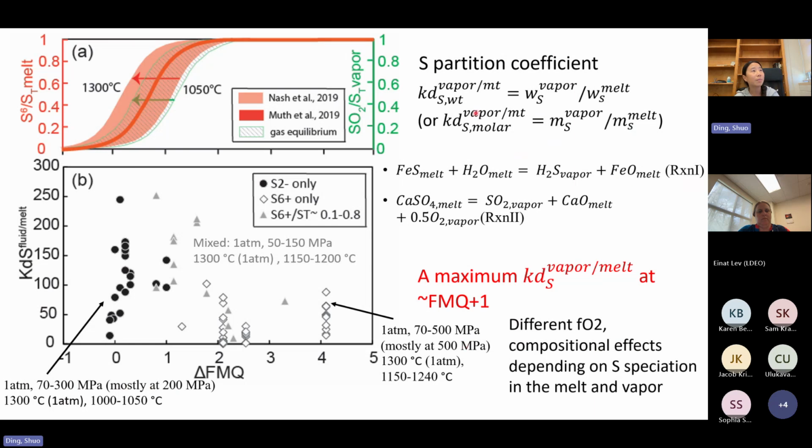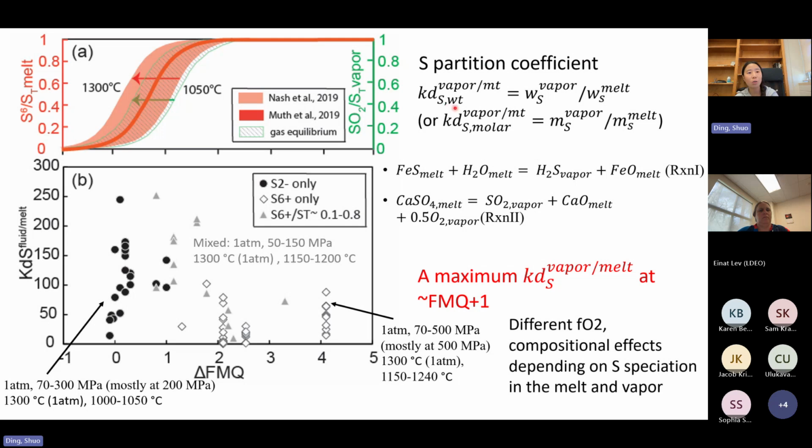Okay, just a little bit about the sulfur partition coefficient. This is the key component of SulfurX. There are other sulfur degassing models that use different approaches, like sulfide or sulfate capacity models, which are different ways of describing sulfur behavior during degassing.